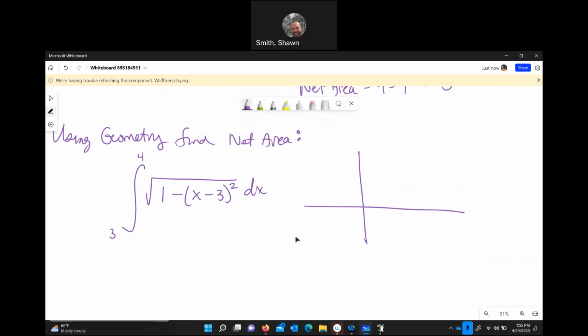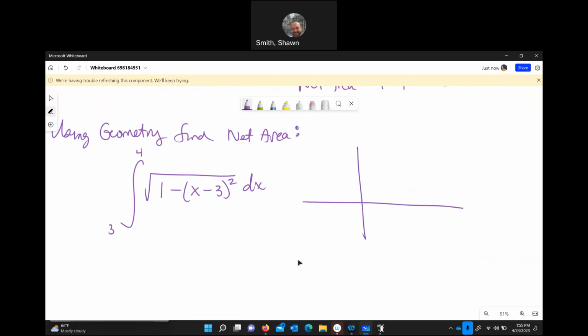Take off the square root and set it equal to something squared. If I take out the square root, you get a circle. Square root it, and now we're looking at the top half of the circle.